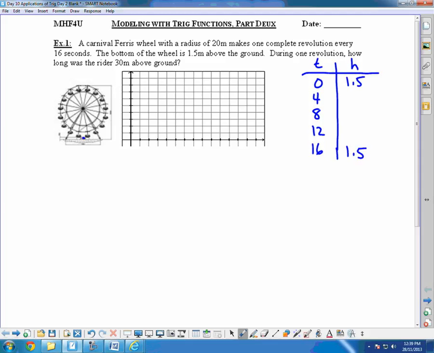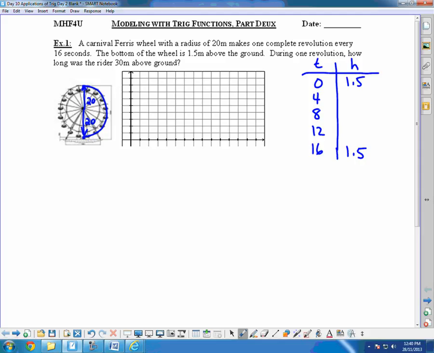But I'm interested in where are we halfway? So on the picture, we've gone from here, and we've gone all the way up around, and we'll say we're at this spot now. So how high is that? Well, we know that from here to here, and from here to here is going to be the same. It's going to be 20 meters and 20 meters, plus the little extra 1.5 meters off the ground.